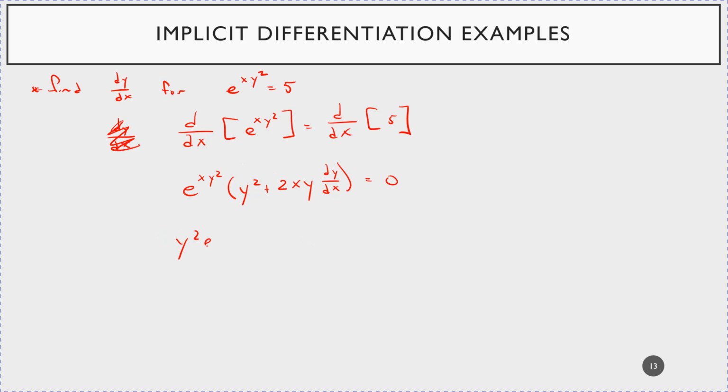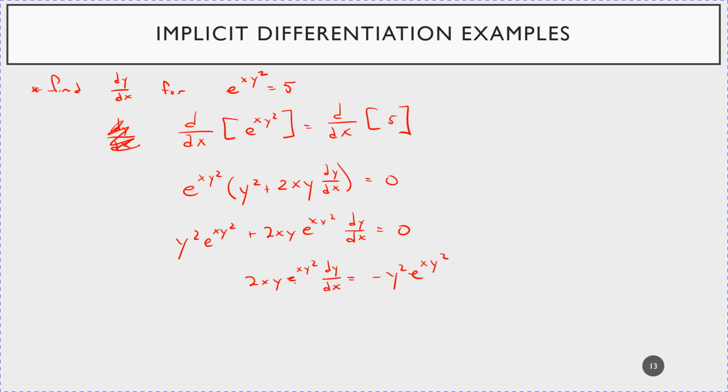So you get y squared e to the xy squared plus 2xy e to the xy squared dy/dx is equal to 0. So you're going to subtract this over. So you get 2xy e to the xy squared dy/dx is equal to minus y squared e to the xy squared.